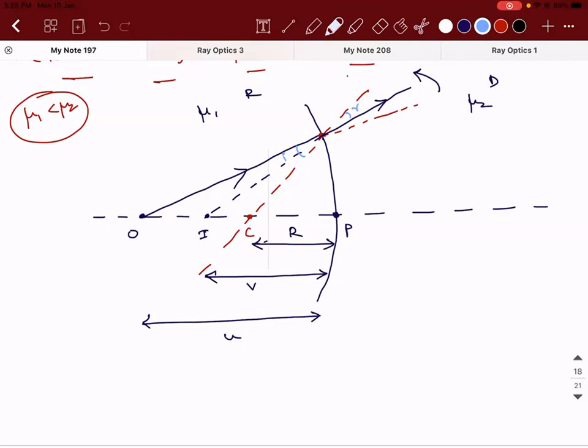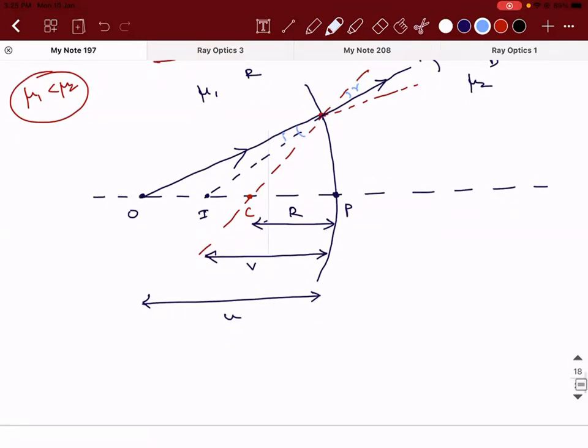Any doubt till this point? So what is I? I is the angle of incidence. No, capital I is the point where the image is formed. I'll make it clear. This is the thing which might slightly confuse you.